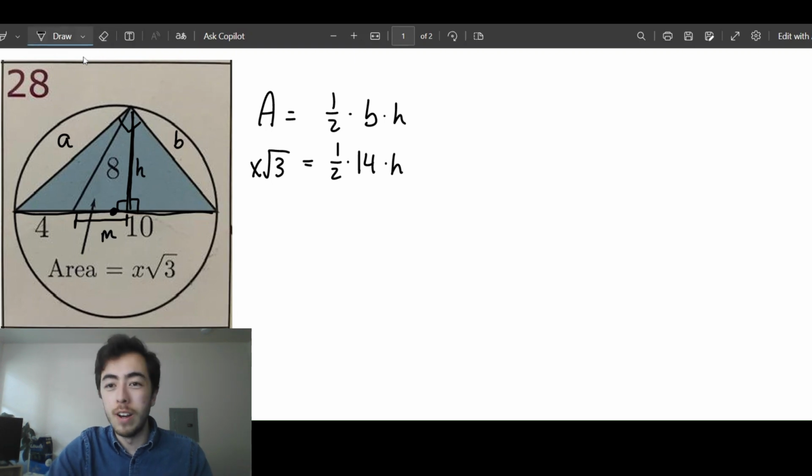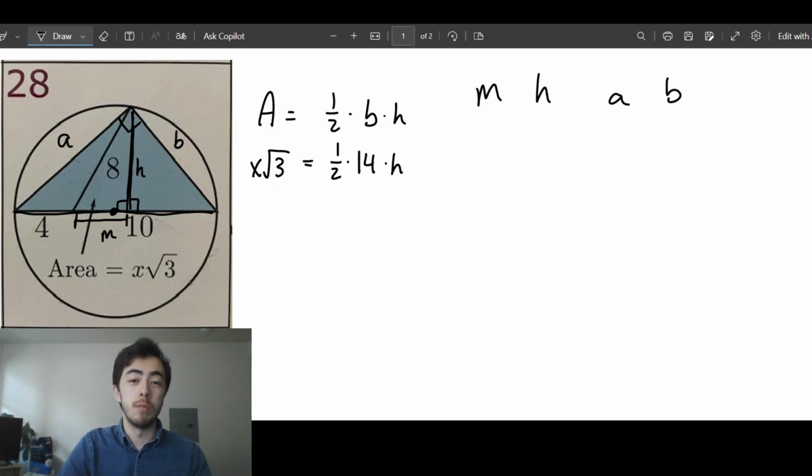There are 4 unknowns, and with systems of equations you need the same number of equations as unknowns to have any hope of solving for the values. So with 4 unknowns, m, h, a, and b, I want 4 equations to compare them all, and the equations need to come from different sources.